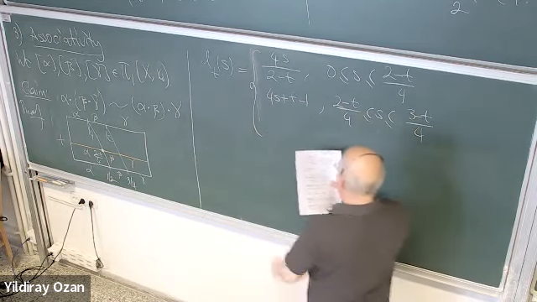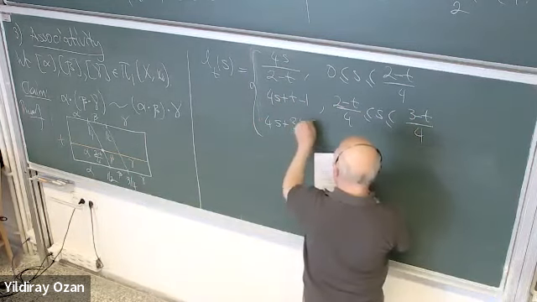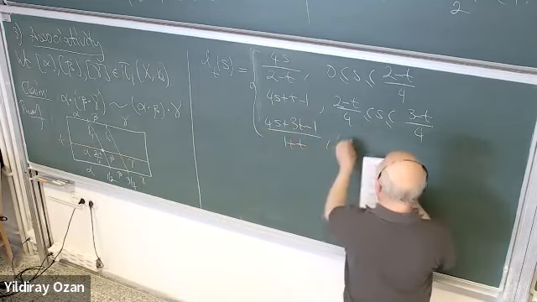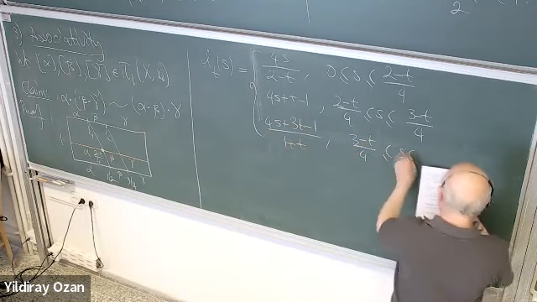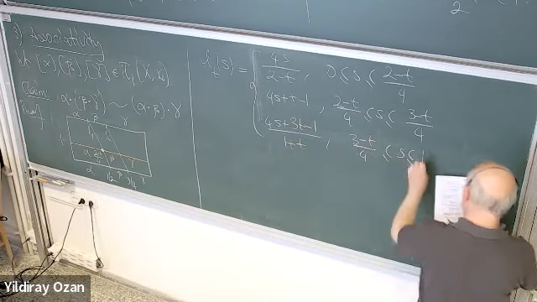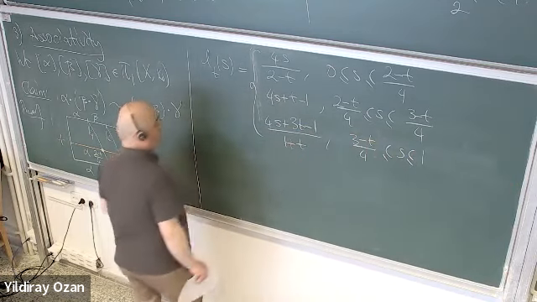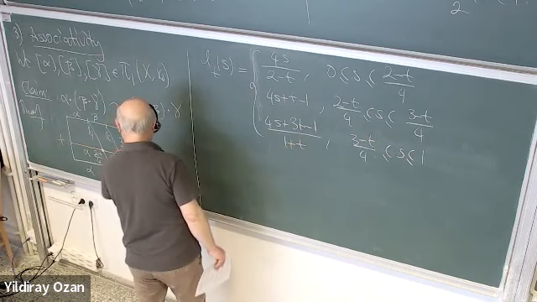And then it is 4s plus 3t minus 1 divided by 1 plus t, for s between this point and 1. So this point is just 3 minus t divided by 4.